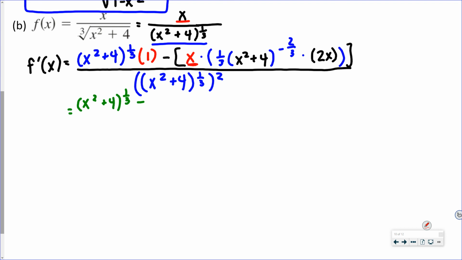I have x times 1/3 times 2x. So that'd be 2/3 x squared times this. So see how I kind of look for basically all the common factors that are not in the parentheses and I bring those in front.